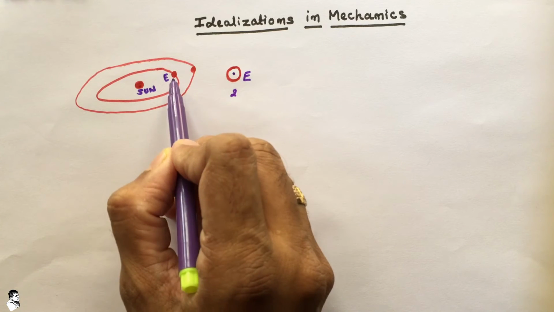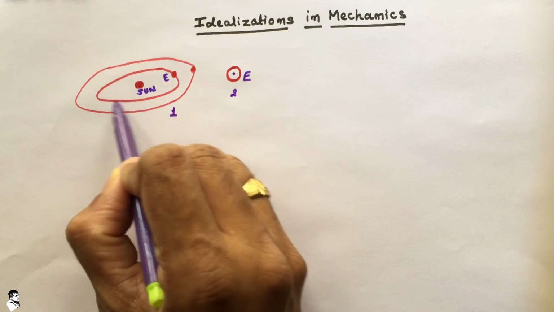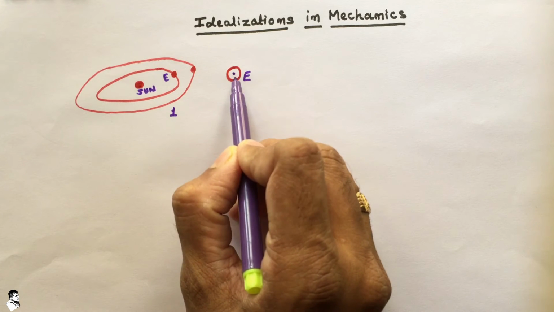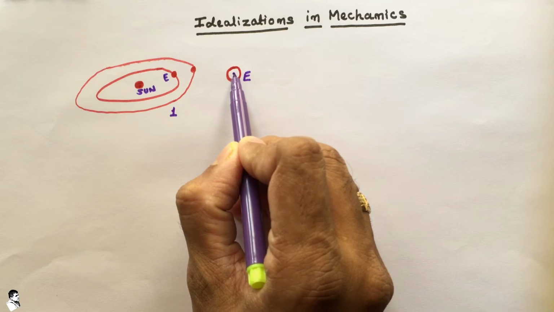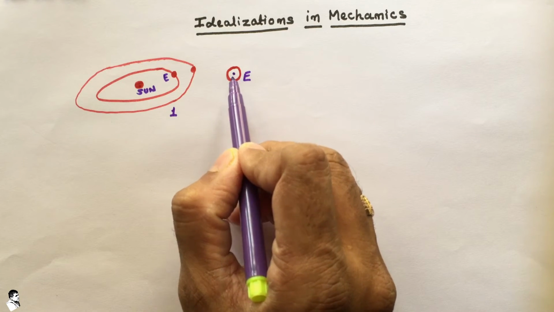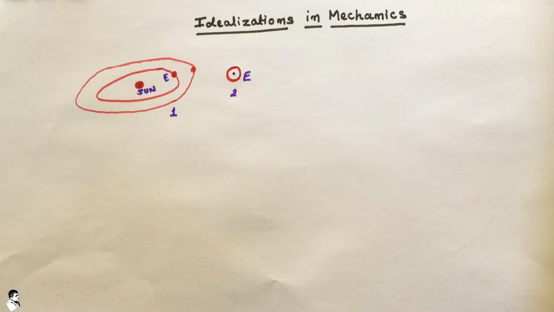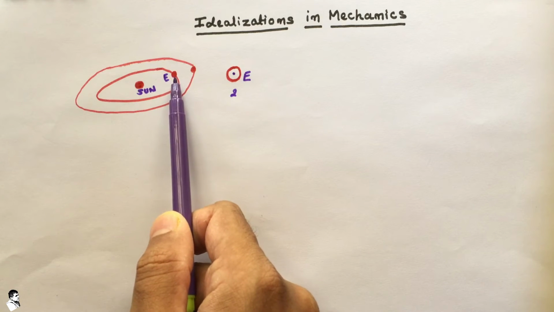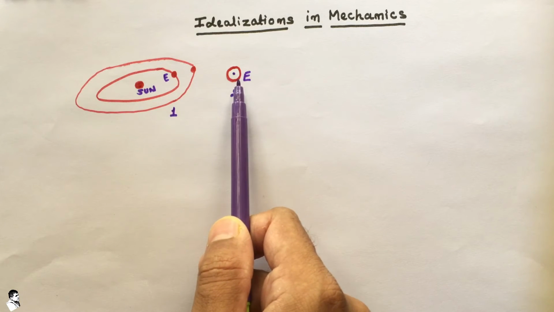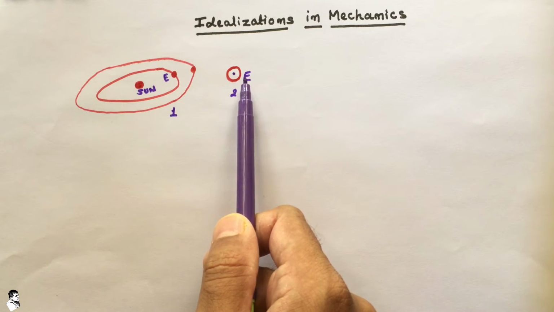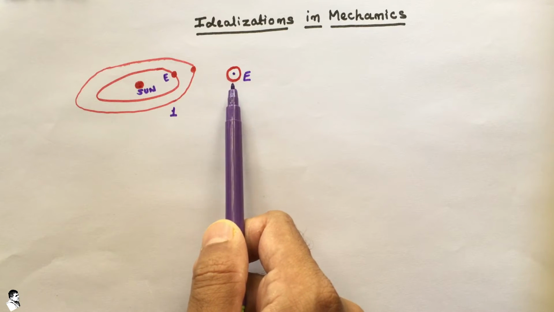In case number 1, the earth is rotated around the sun, and in the other case the particles of the earth are rotated around the centroid of the earth. So the study of the planet around the sun we can do by considering earth as a single particle, and here we can study the earth as a rigid body.